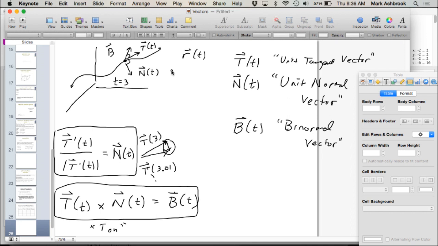The normal vector. The plane is formed by B and N, but to write the equation of that plane, the normal plane, we would use the vector T, not N, right? The normal vector N is one of the vectors parallel to the plane. The vector we'd use to write the equation of the normal plane would be T. Do you see that? Does that make sense?